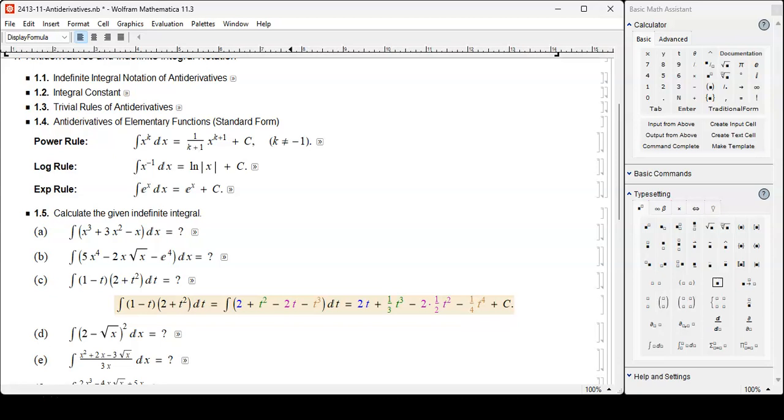In this kind of problem, do not change the order when you calculate the antiderivatives. If you do color coding like this, it's great, but if you don't have colors or anything else, at least do not change the order. I know addition is commutative, so you can change the order without changing the value, but writing solution is actually a communication process.